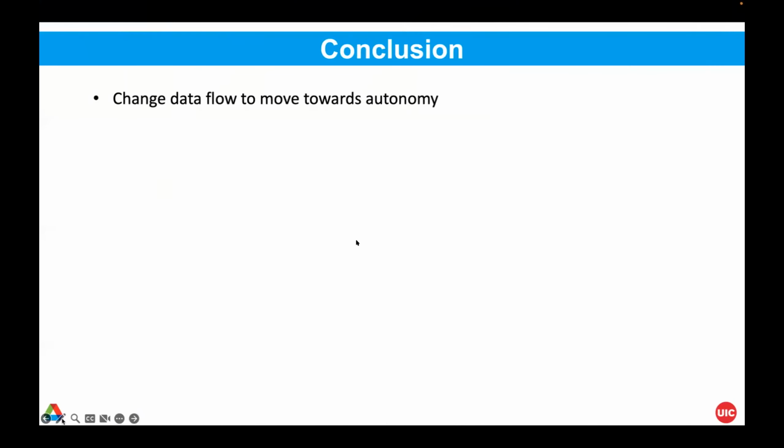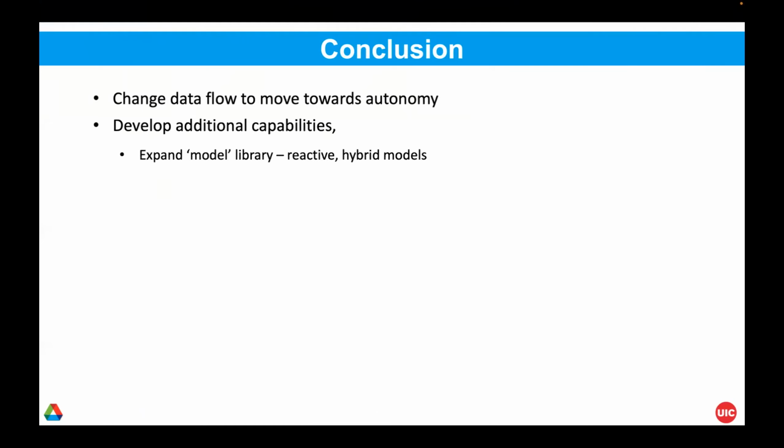So we want to move from the text data to more tabular data or data frames to go towards much deeper data analytics and in a way towards autonomy. And also the model library that I have shown, the .json file, which has the parameters.